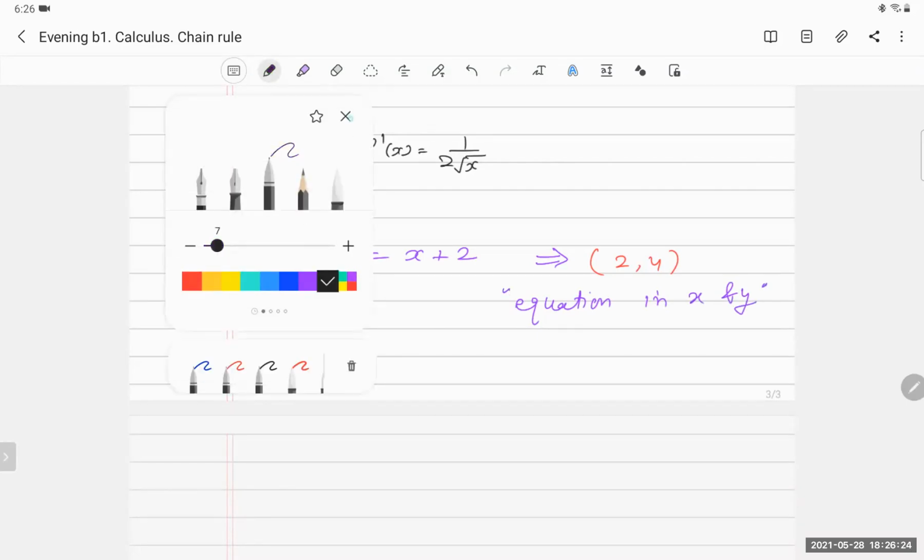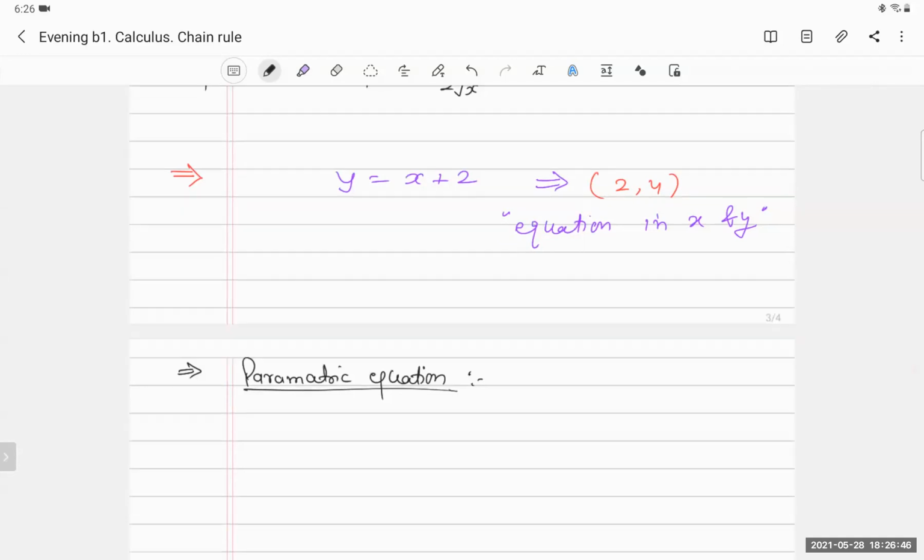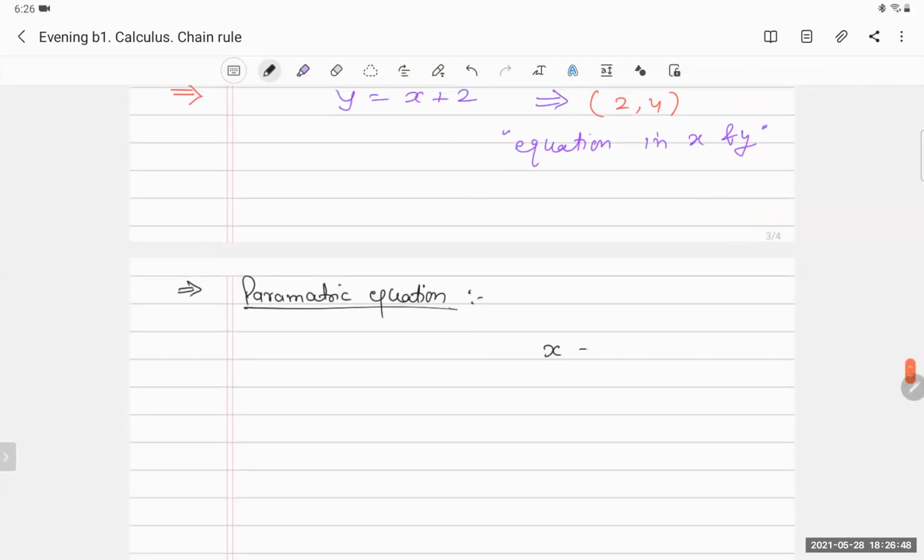There is one more kind of equation which is called parametric equation. In a parametric equation I represent both x and y in terms of a different variable. Suppose I say x equals 3t and y equals 6t square plus 2, right?